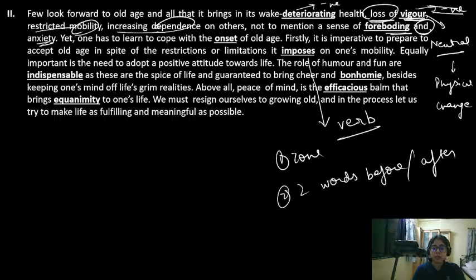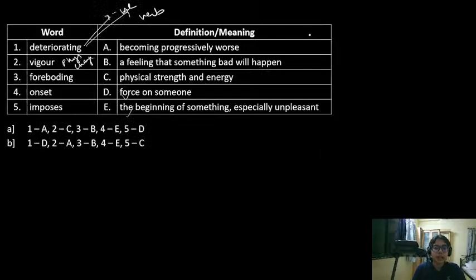So therefore I need more clues to find what deteriorating means. Let us check on what context it was used. It was used on deteriorating health. ठीक है, तो health से related है. Health से B और E कुछ भी related नहीं है. But health progressively becomes worse when we get old.